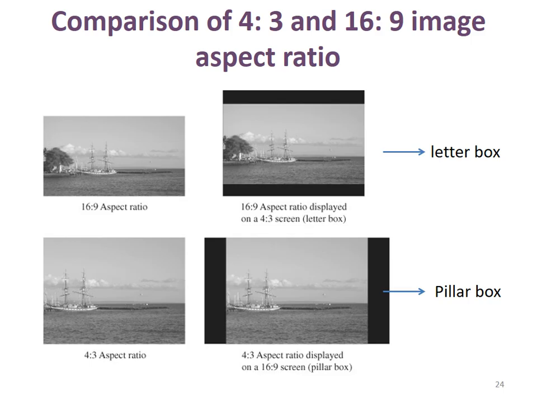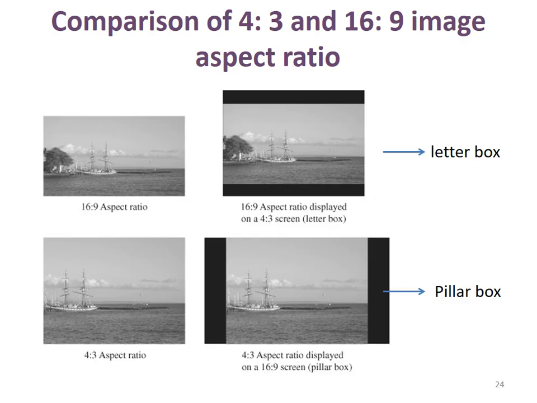So the simplest method, if we want to display the aspect ratio 4 to 3 on a screen of 16 to 9, is to apply letterbox. Another is called pillar box. You can see this is pretty wide, right? Because its aspect ratio is 16 to 9.